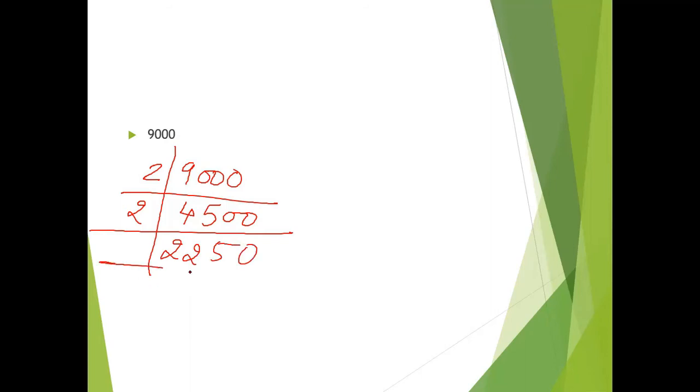Doing its prime factorization, starting with 2, 4, 5, 0, 0, again 2, 2, 2, 5, 0, again 2, 1, 1, 2, 5. Correct?